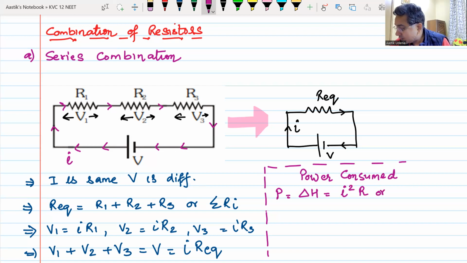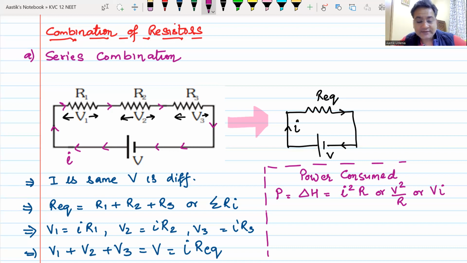You can also write I as V by R. So you can write it as V square by R, or you can also write it as V into I, because V by R is nothing but I. So these are the three formulae that you can now make for power consumed by the resistor.